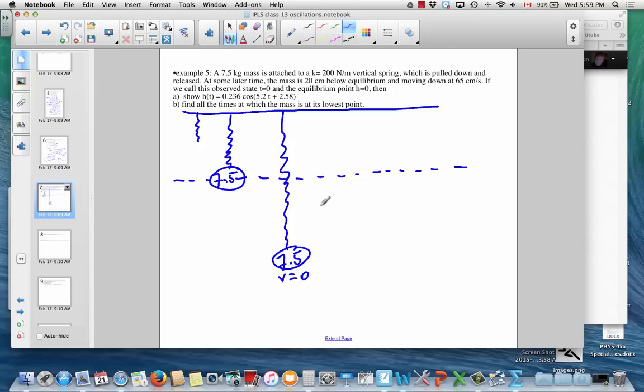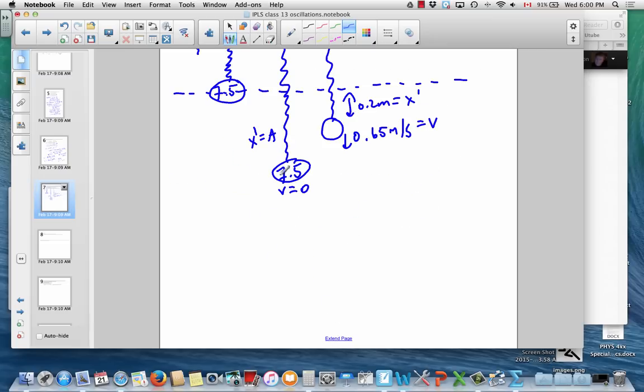At some later time, it's below equilibrium, 20 centimeters or 0.2 meters below equilibrium, and it's moving down at 0.65 meters per second. So we'll use the coordinate system where we measure distances from equilibrium. So this is x prime at the end, and this is v. Here, the x prime is going to be the amplitude. Amplitude is the maximum distance from equilibrium. So an energy equation: energy at release plus gains or losses equals energy at the end.